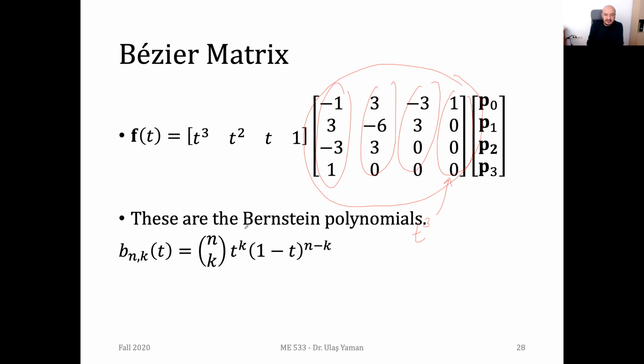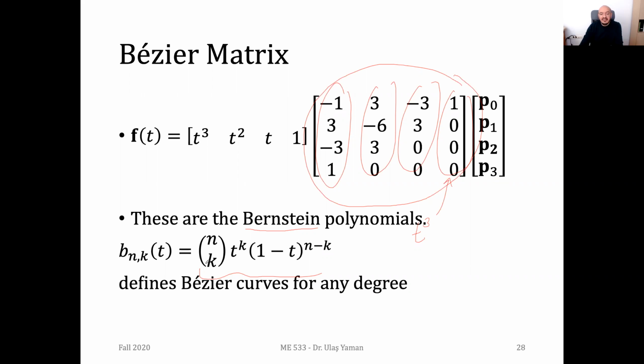These basis functions are named Bernstein polynomials, and they are represented with a binomial, factorial form, and you can define any kind of basis function for any degree. Since this is just defined for third order, this matrix gives you the basis functions for cubic splines, but by using the equation of Bernstein polynomials, you can obtain the Bezier curves for any higher degrees.